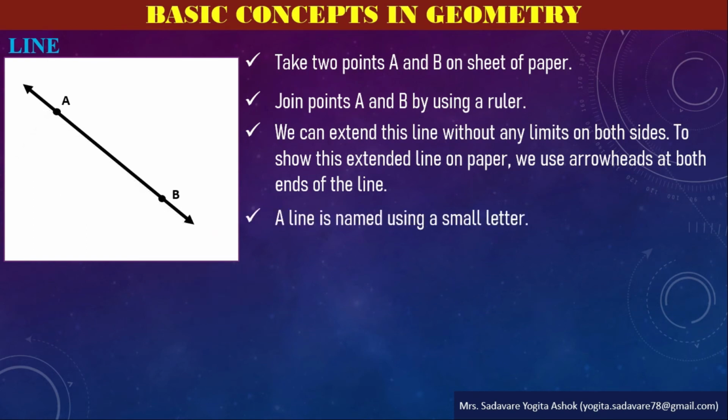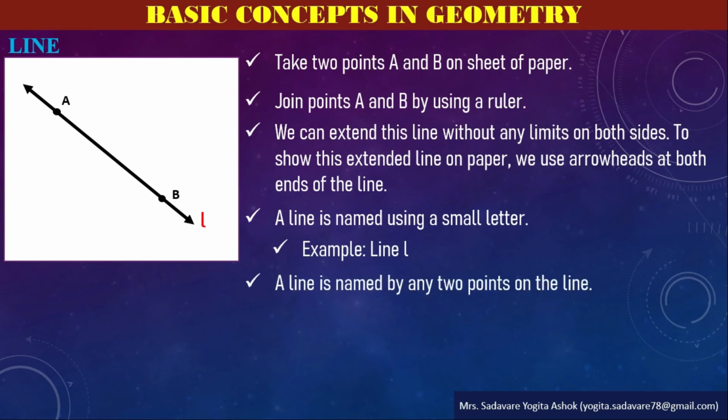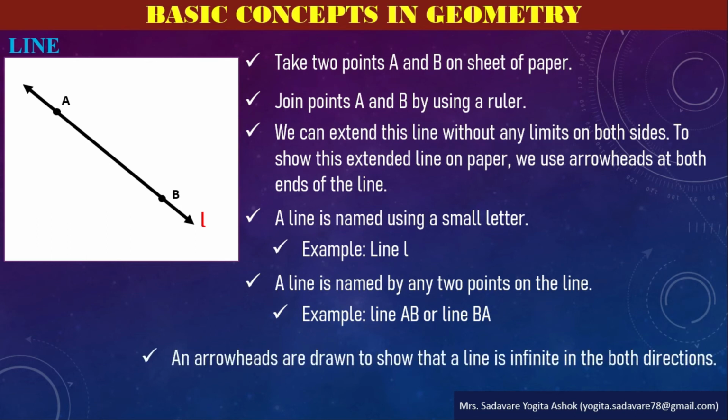A line is named using a small letter, for example, line l. A line is also named by any 2 points on the line, for example, line AB or line BA. Arrowheads are drawn to show that a line is infinite in both directions.